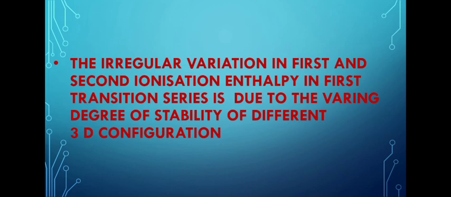So we can conclude that there are certain irregularities in the first and second ionization enthalpy of members of the first transition series, and that occurs basically due to the varying degree of stability of different 3d configurations.